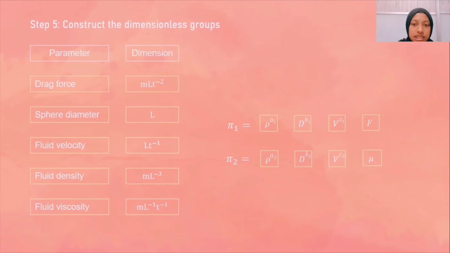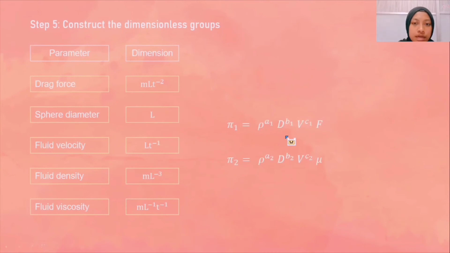Let's put a1 and a2 as the power for rho, b1 and b2 as the power for d, and c1 and c2 as the power for v. So, our pi are pi1 equals rho power a1 times d power b1 times v power c1 times F. And pi2 equals rho power a2 times d power b2 times v power c2 times mu.